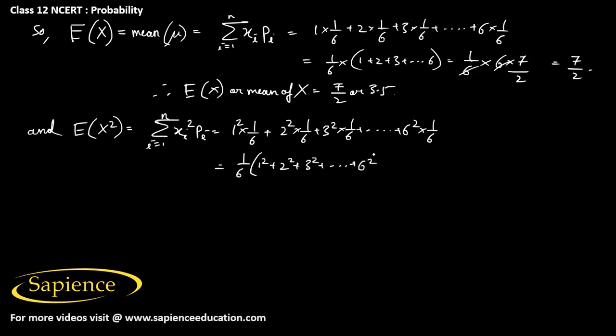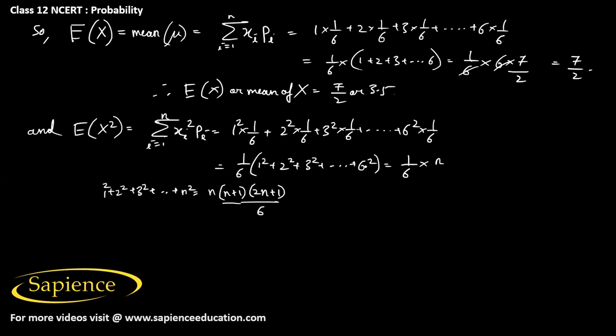So that would be 1 by 6 times (1 square plus 2 square plus 3 square till 6 square). We know that the sum of the squares of the first n natural numbers, 1 square plus 2 square plus 3 square till n square, is given as n into (n plus 1) into (2n plus 1) by 6. It was there in sequences and series.